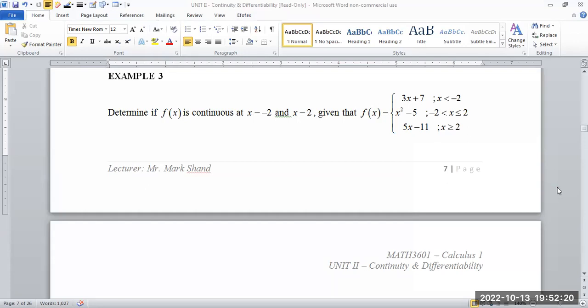I would say 3x plus 7 because the x has to be less than -2, so you're going to the left.